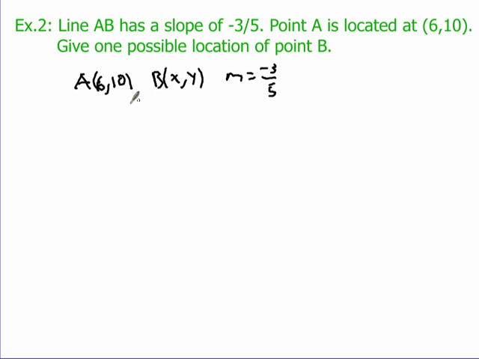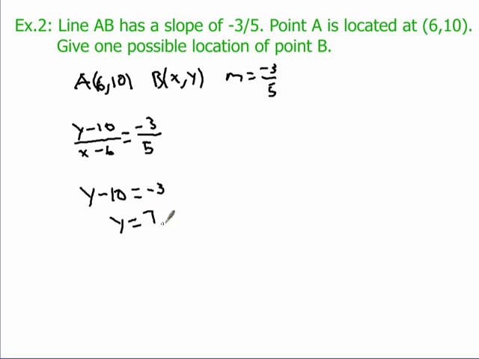So I can say, well, y minus 10 over x minus 6 equals negative 3 over 5. Now I just have two equations to solve. Y minus 10 equals negative 3, that's y equals 7.